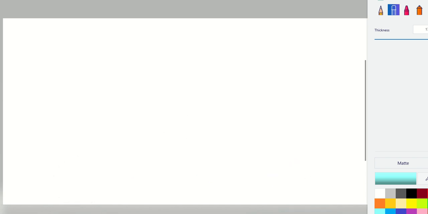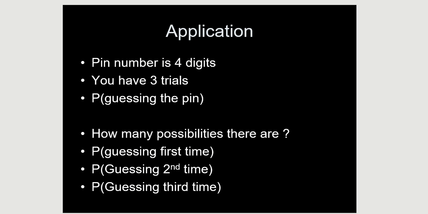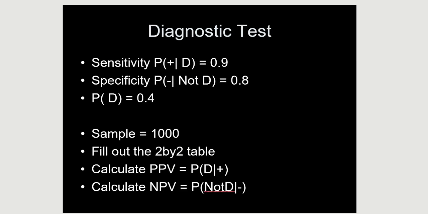Okay, so we're carrying on with the application of probabilities, and that takes us to something that we discussed, which is the diagnostic test, introducing the concept of sensitivity of a diagnostic test, which is the probability of testing positive given the disease, and the specificity, which is testing negative given healthy, no disease.